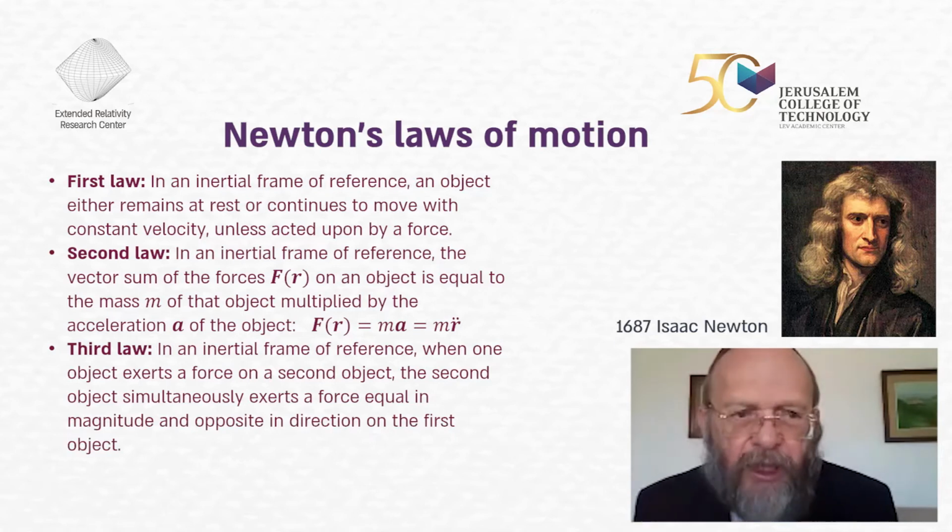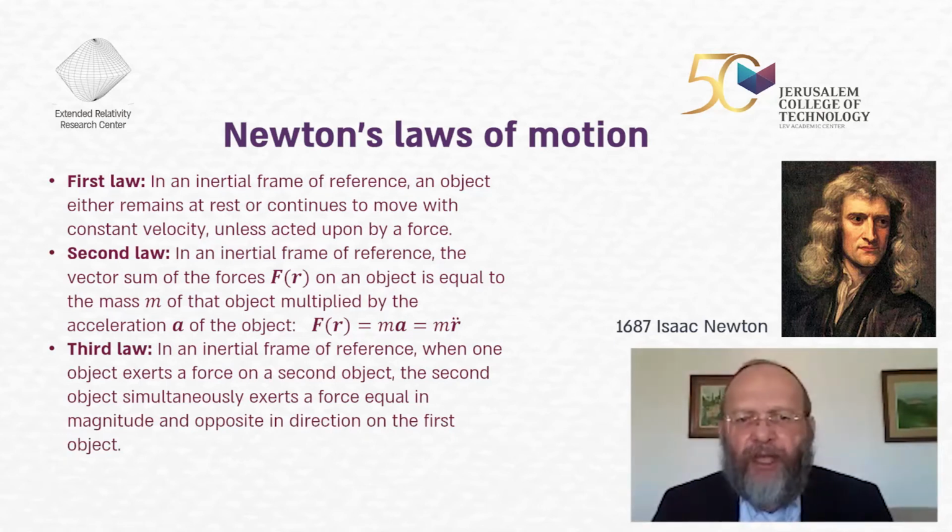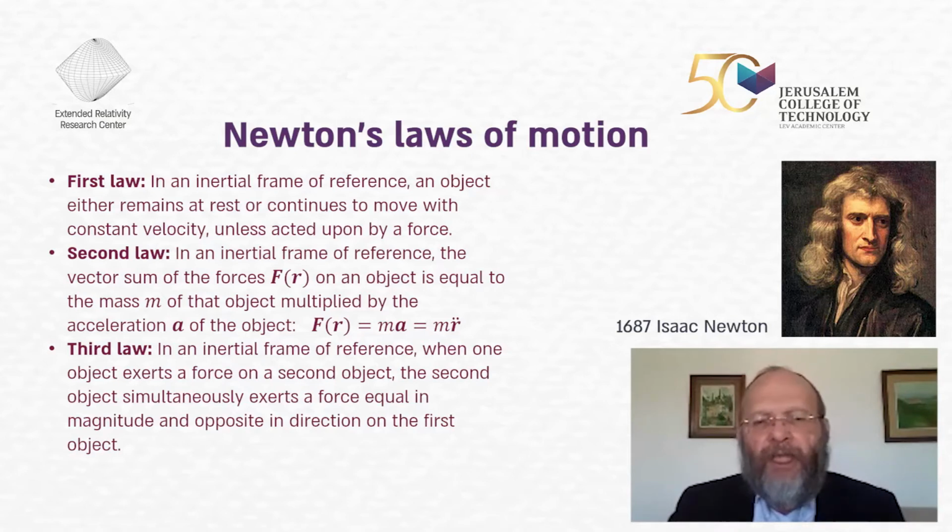The third law tells us that in an inertial frame of reference, when one object exerts a force, the other simultaneously exerts a force equal in magnitude and opposite in direction. When you act on something, the other object acts on you with the same magnitude in the opposite direction. We'll also use this law, less often, but it will also be important.